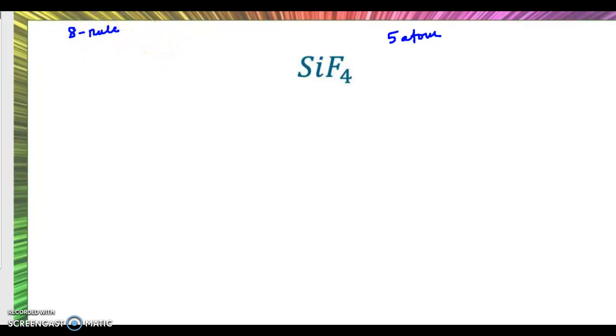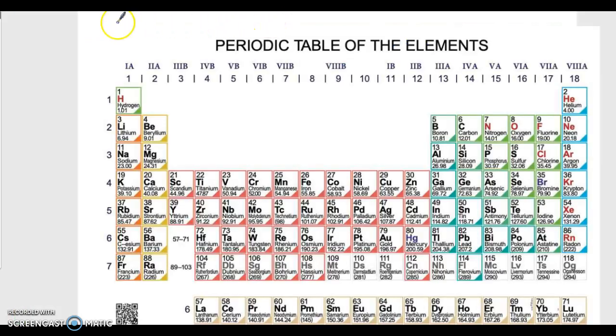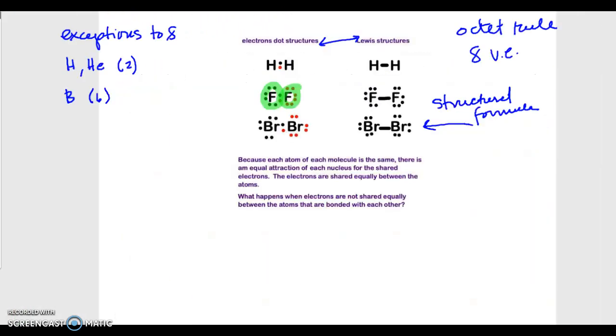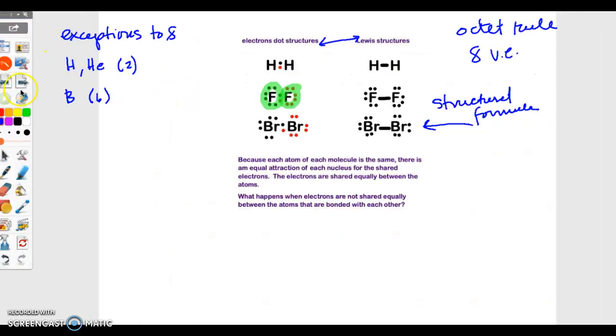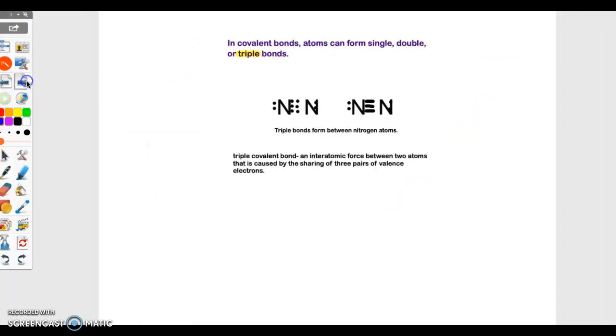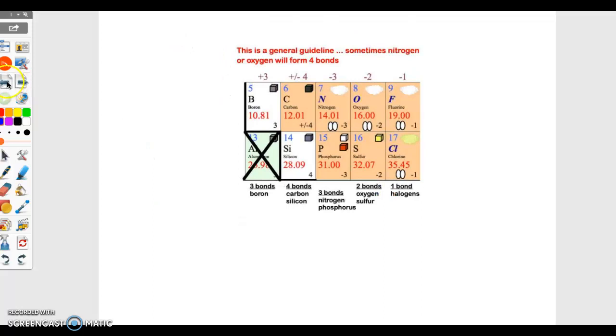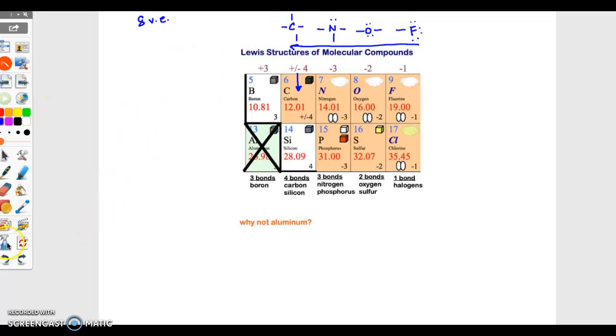When I'm learning how to do this, it may be a little confusing as to what is the central atom. Is there a central atom? If we go back to our notes right here, and I talked about this in class today, there is also a pattern.